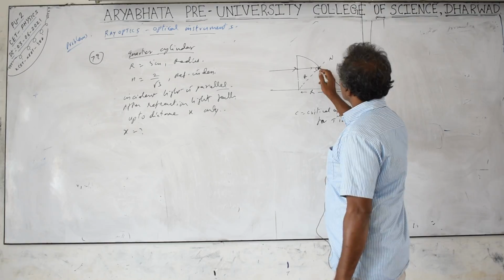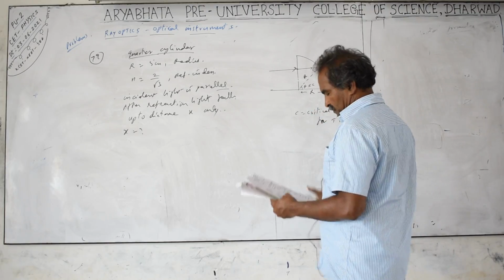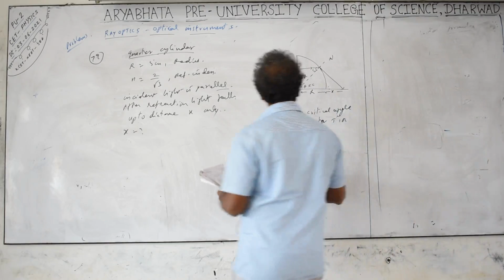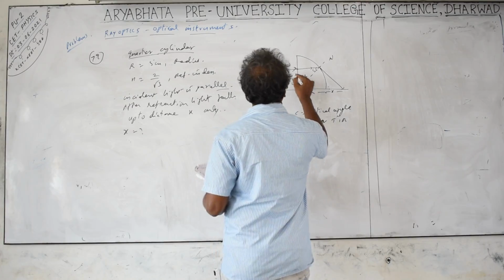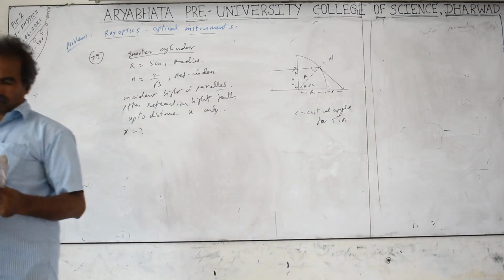This is C. So horizontal, same line, this is also equal to theta equal to C, you will get. This one I will take as y, or you can take h or anything.